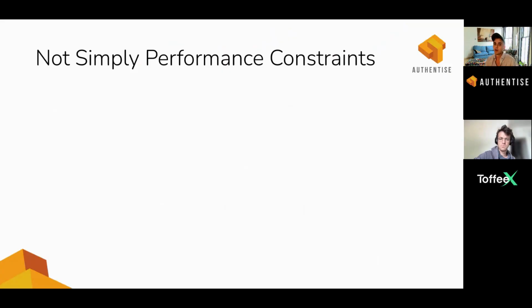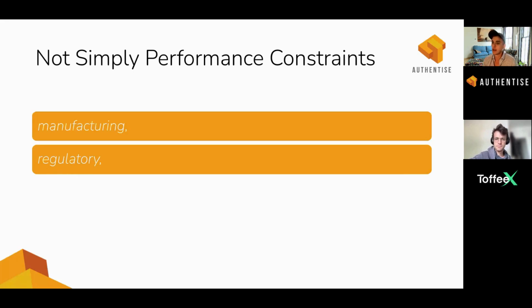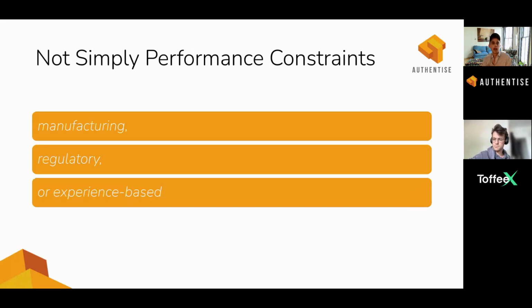So what we've realized is that beyond the performance constraints that you might imagine utilizing in a generative design tool, there is also what manufacturing capability do I have, what regulation am I bound to, what experience do I have in the room.